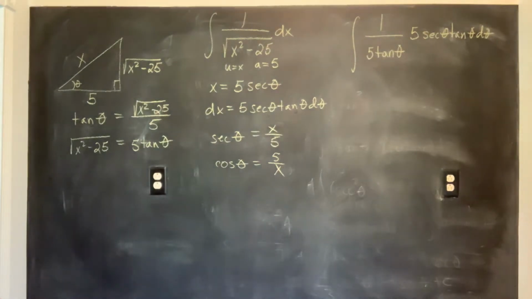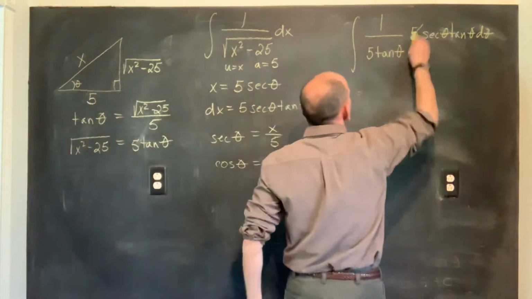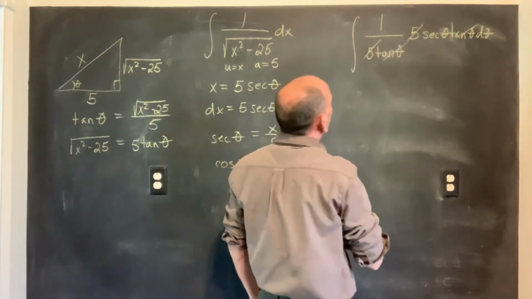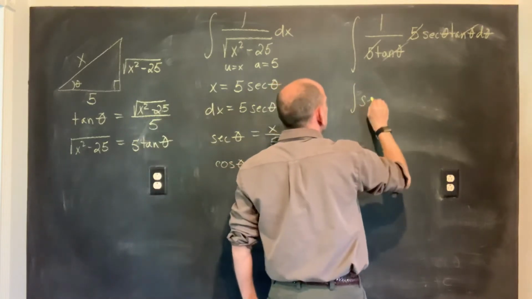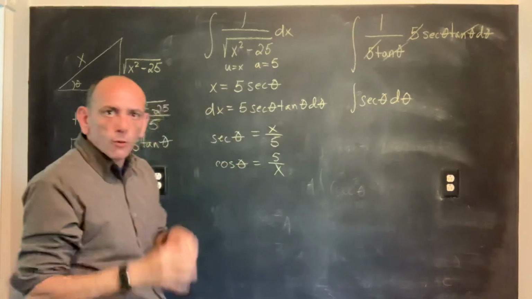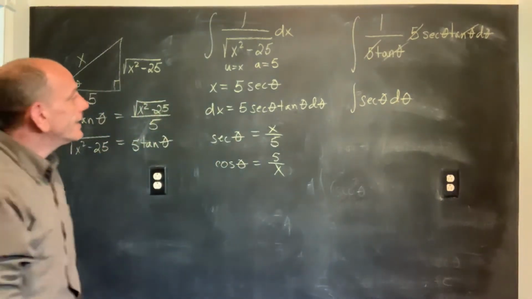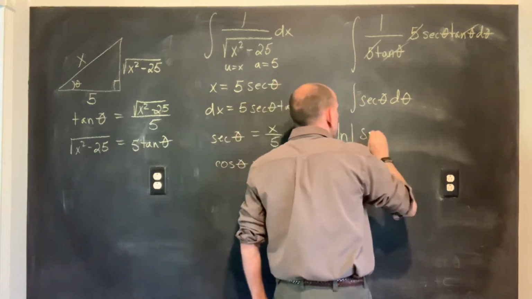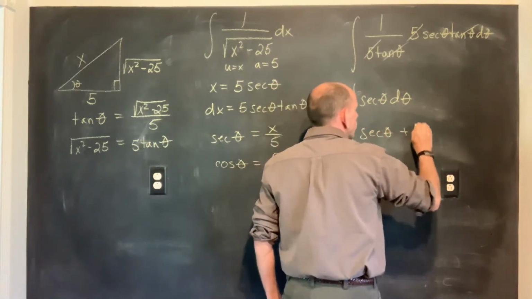And that's everything. We've got our root, we've got our dx. Let's see, 5 over 5 simplifies, that's just 1. Tangent over tangent, that's just 1. So we've got integral of secant of theta d theta. Nice, that's one of our quote-unquote basic rules, right? This is ln, absolute value, secant of theta plus tangent of theta.